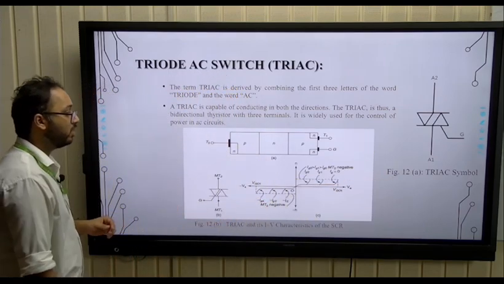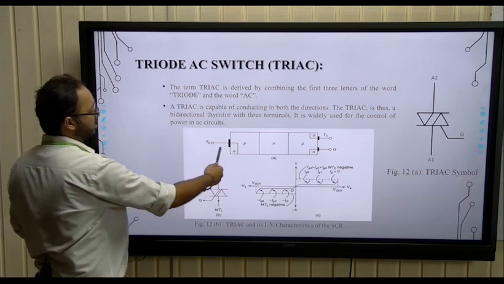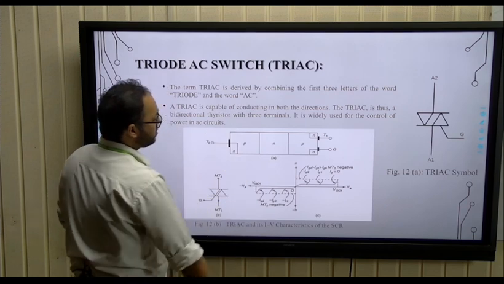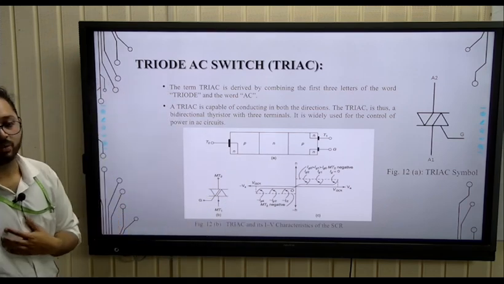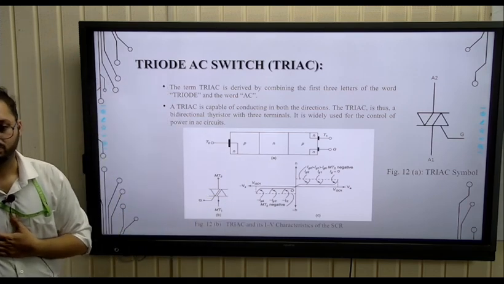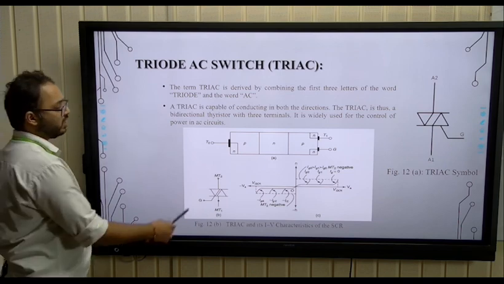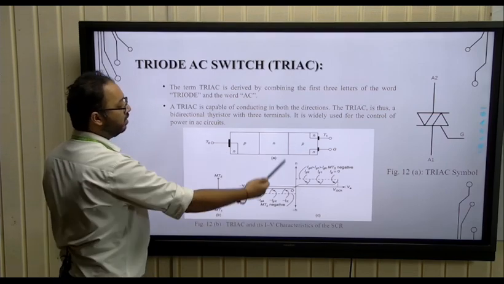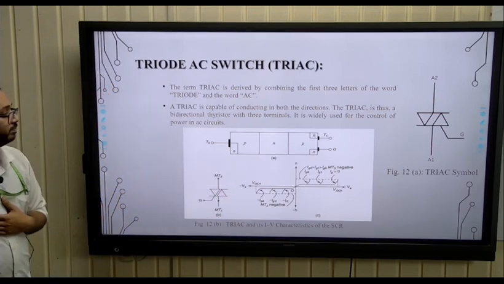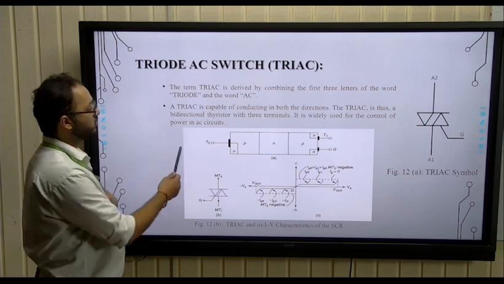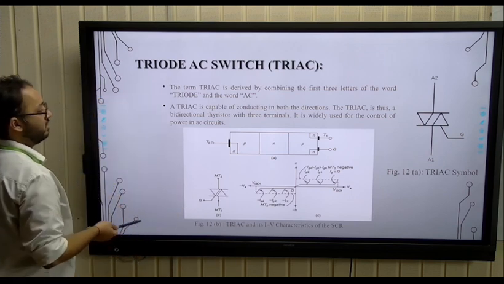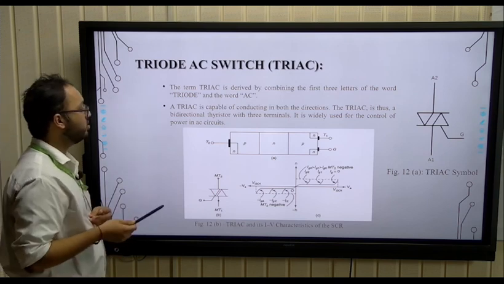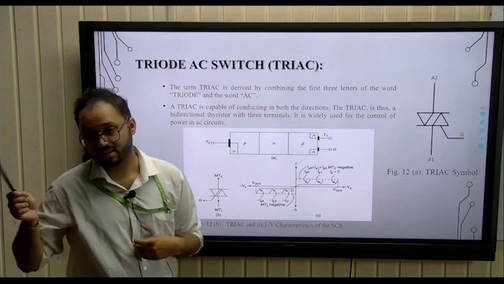But when we talk about its construction, this is the whole construction, where we have an N block and an N block here, which starts conducting when we apply a particular amount of voltage to it. Okay, again it doesn't matter if we are applying positive or negative, because we have both holes and electrons from each side. A triac is also capable of conducting in both directions, and thus this bidirectional thyristor with 3 terminals is widely used for controlling power in AC circuits.